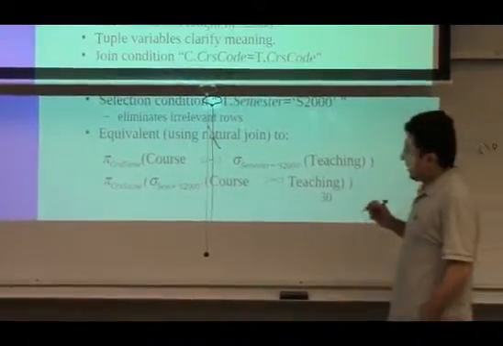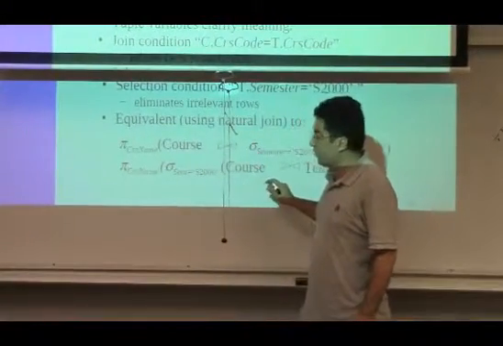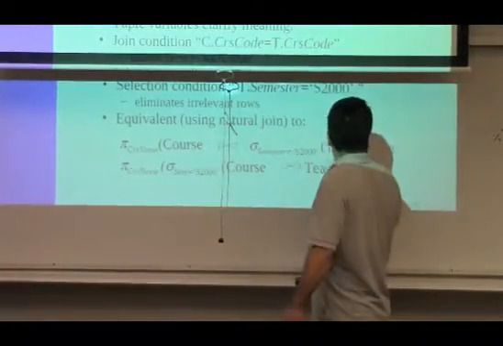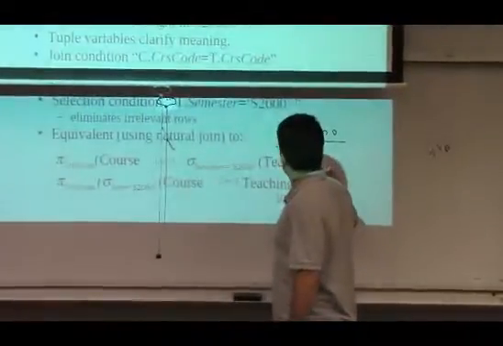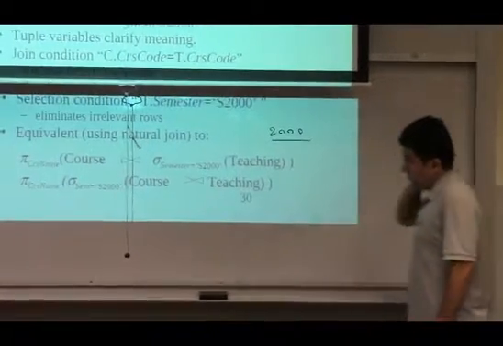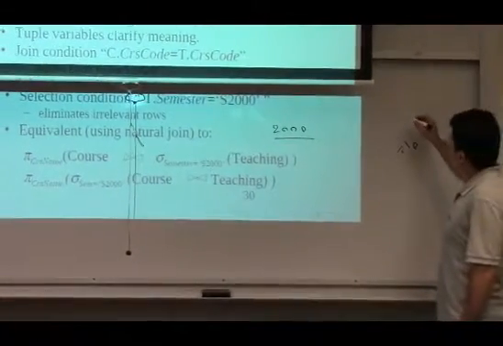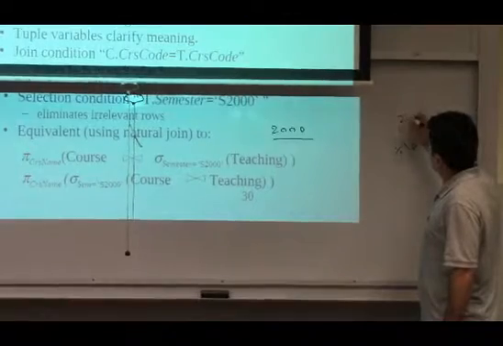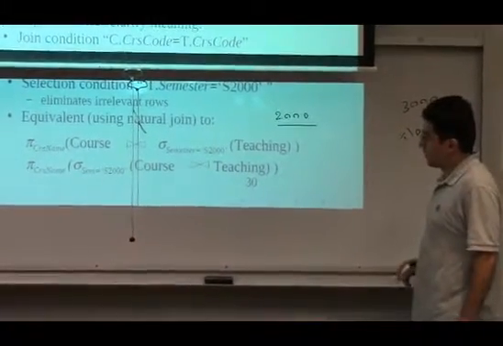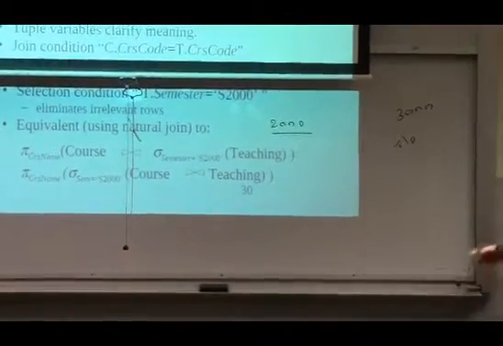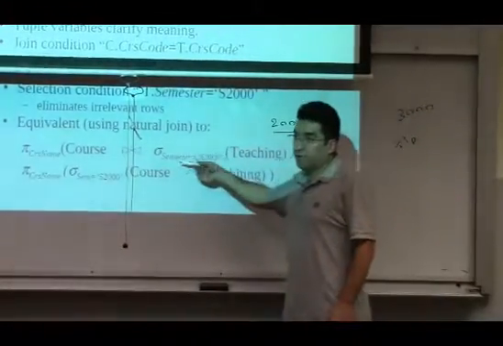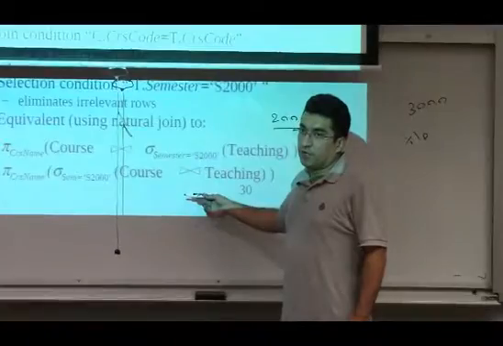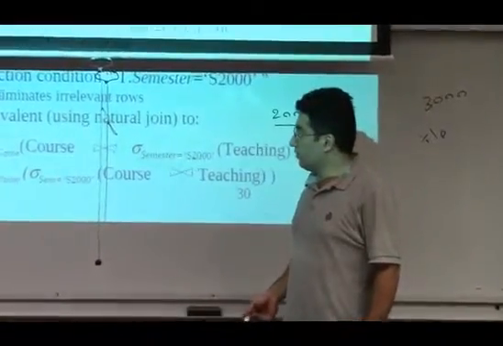And also, suppose that the course table has 2000 rows and table teaching has 3000 rows. Okay? So let's estimate the number of rows we are computing in each of these parts of the relational algebra.